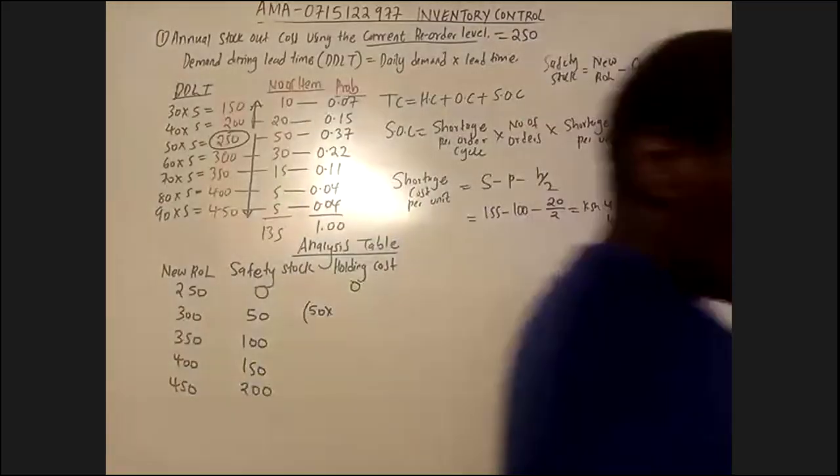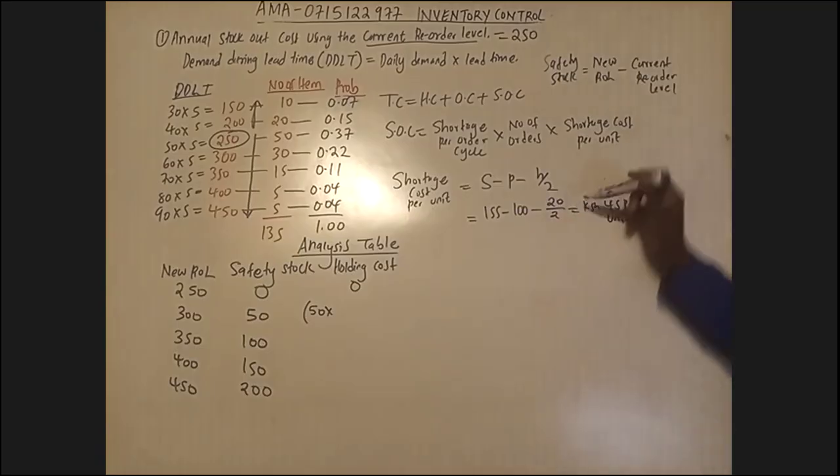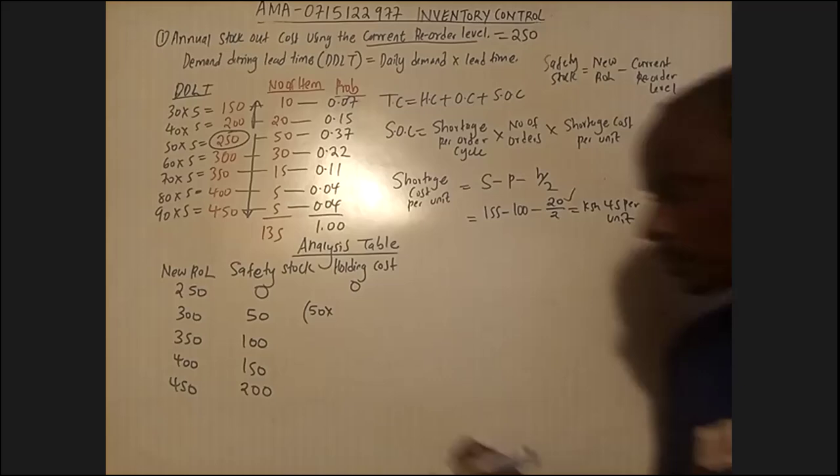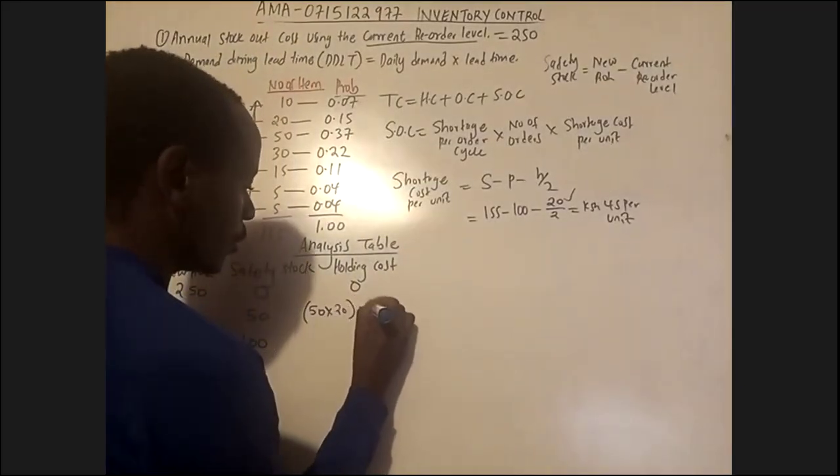Kwa swali, holding cost per unit ilikuwa 20. Ndio hapa. H ni 20. 50 times 20 tupatia 1000.